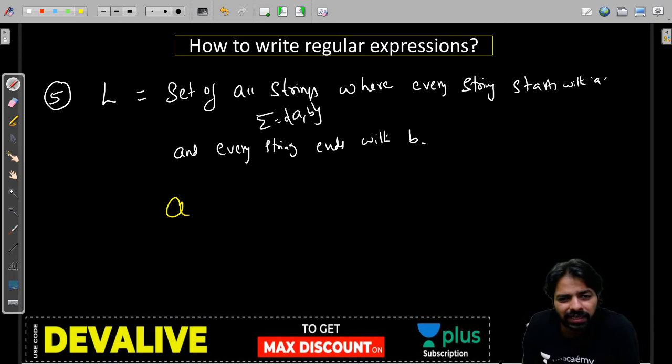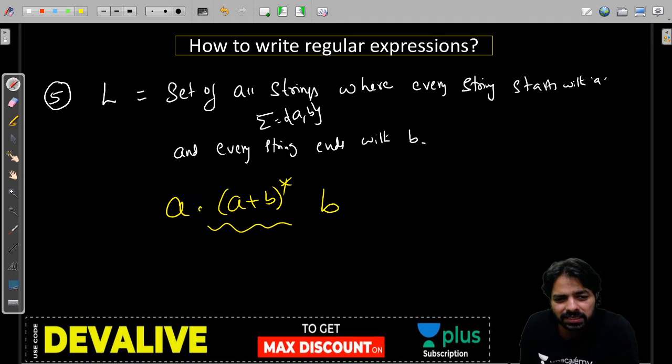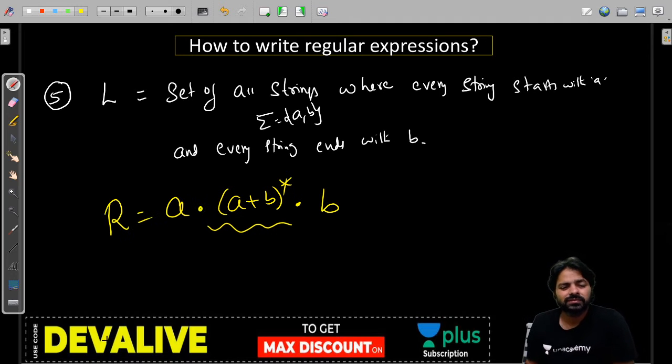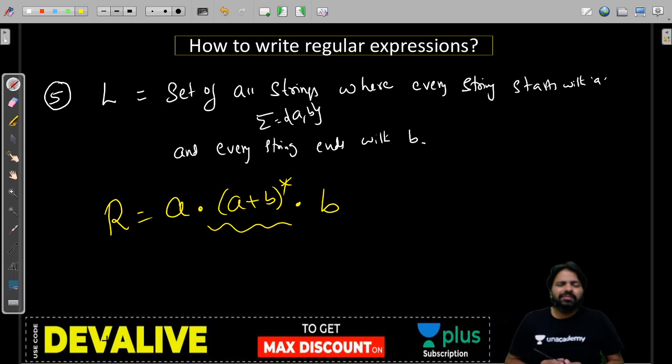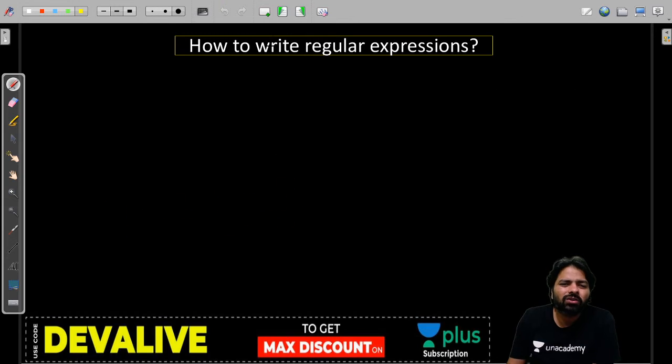Starts with A, ends with B, in between anything: A, a plus b whole star, B. And this is the dot, guys, compulsory. Yeah, good. Most of you can write these questions very easily, and they are not going to be difficult too.